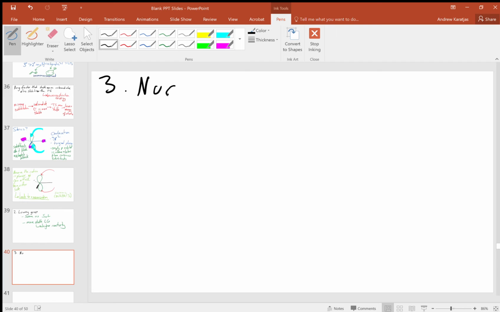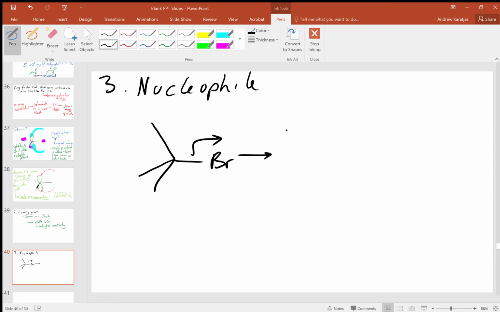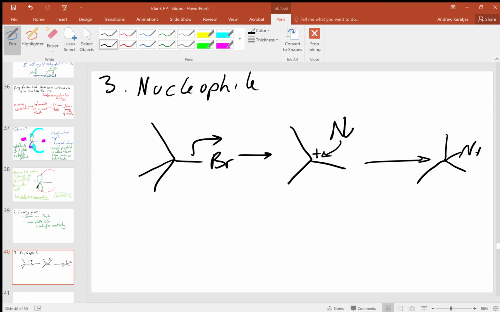What about the nucleophile? Well, to talk about the nucleophile, we need to look at the mechanism again. So what we want to think about is the fact that our first step is the rate determining step.